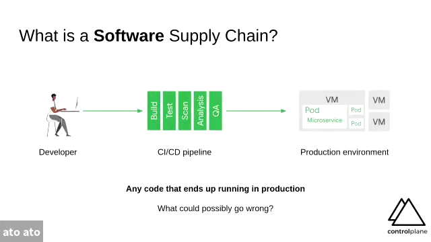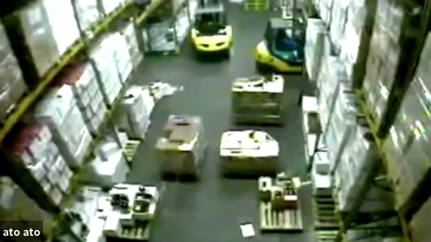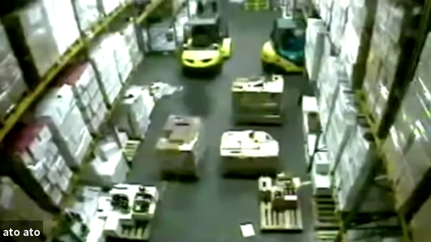So a software supply chain is anything that is running in production and anything that we ingest and use in order to deploy and achieve the ultimate goal of creating business value for our stakeholders and employers. What could possibly go wrong? Well, it's a great question. We have to trust everybody upstream.